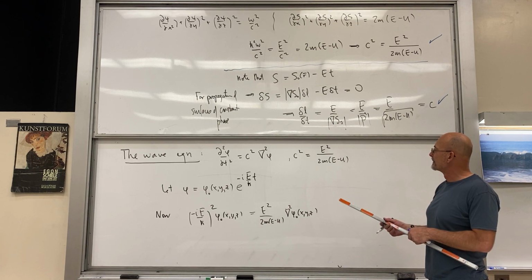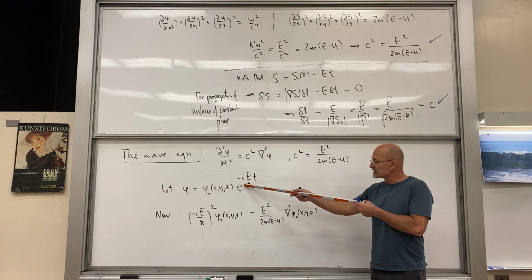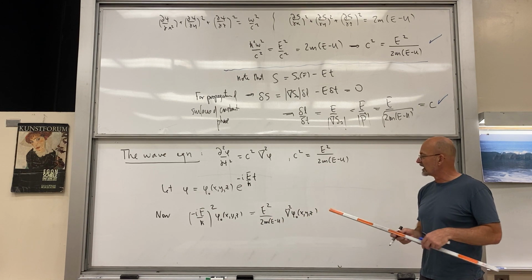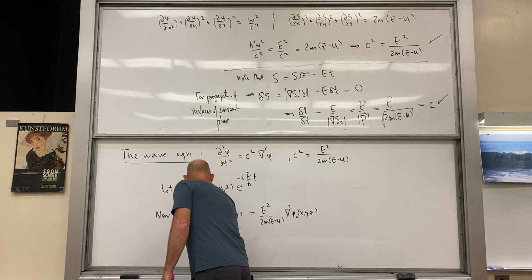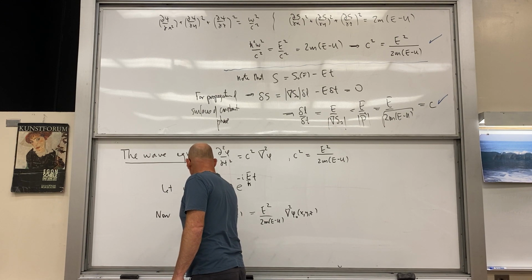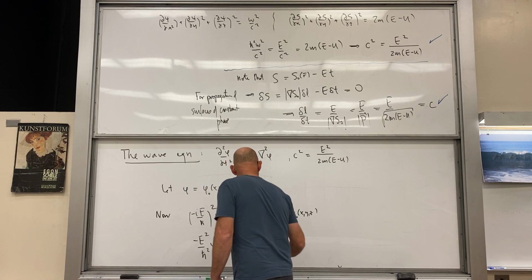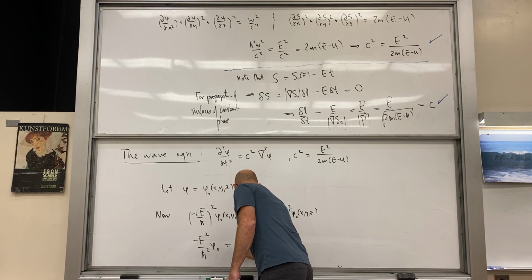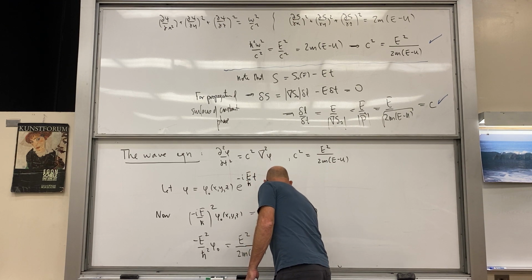Both sides would be multiplied, of course, with the exponential, and would be canceled on both sides. Good, so now it just remains for us to multiply this out. We have minus E squared over h bar squared phi naught is equal to E squared over 2m (E minus U) del squared phi naught.